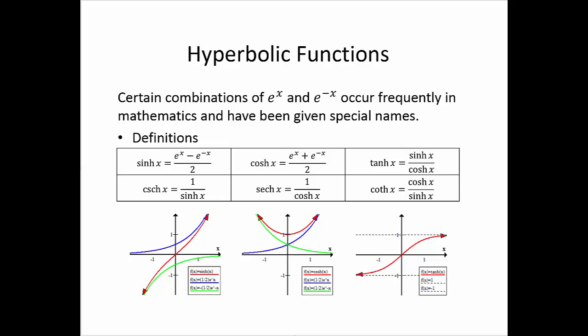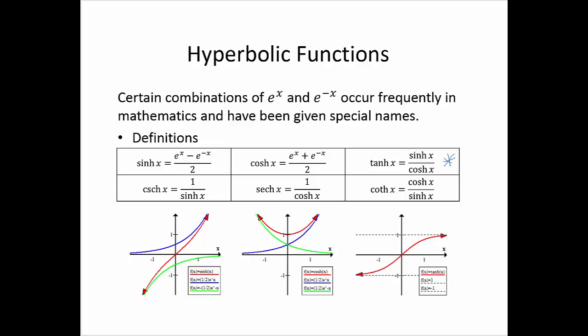And now there are similar relations to what you've learned in traditional trigonometry. If you remember, in traditional trigonometry, if we took the sine of x and divided by the cosine of x, we got the tangent of x, and we see that similar relationship with the hyperbolic sine and cosine. The hyperbolic sine divided by the hyperbolic cosine yields the hyperbolic tangent.